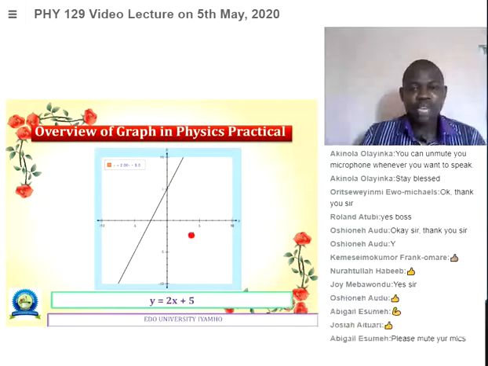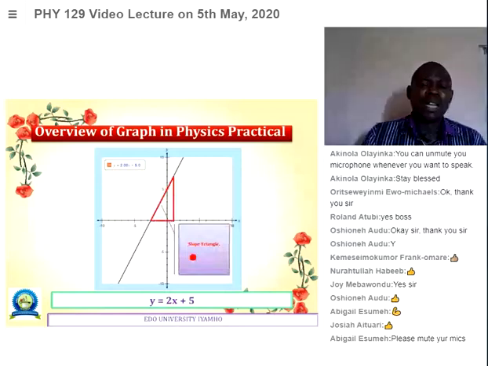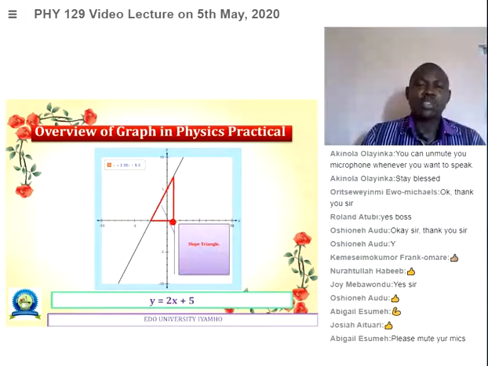Now we can actually go ahead and draw what we call the slope triangle for this graph. If I have the opportunity, I want to calculate the slope of this graph, because as you have seen in this equation, we know the slope of this graph is equal to what? It's equal to 2.